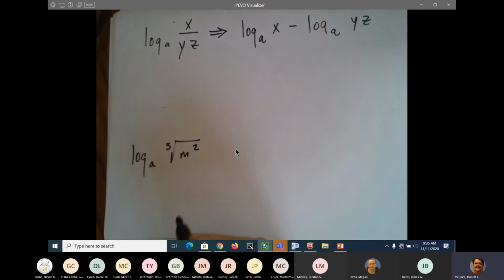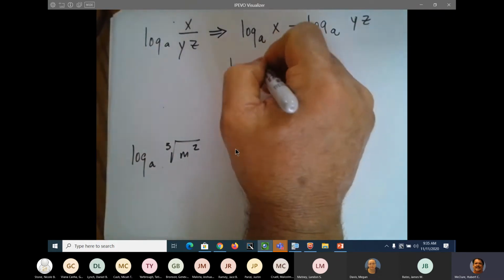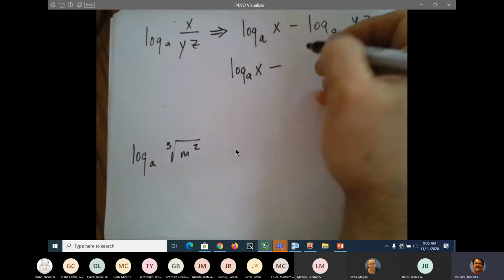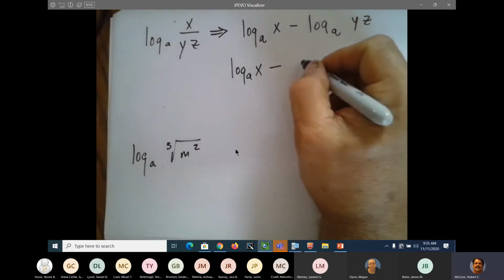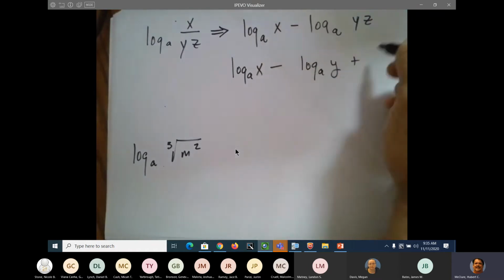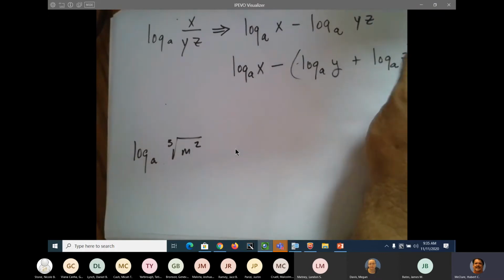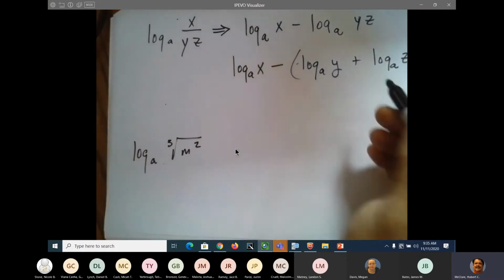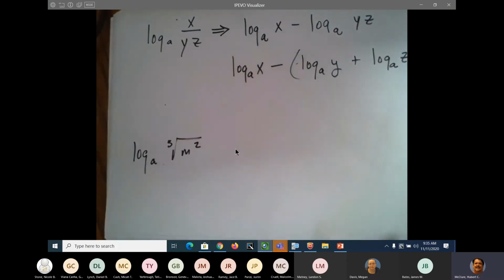And now we can use the product rule and do log base A of x minus, and if you want to put it in parentheses, you can, log base A of y plus log base A of z using the product rule. And then you distribute that negative, or you could leave it like this, either way.